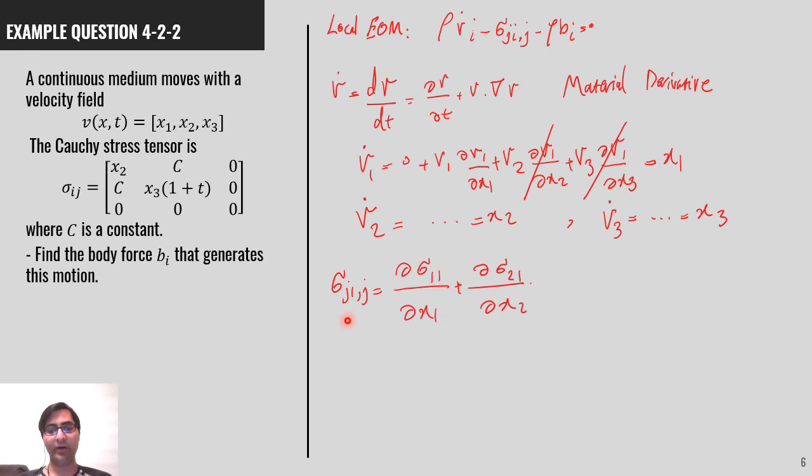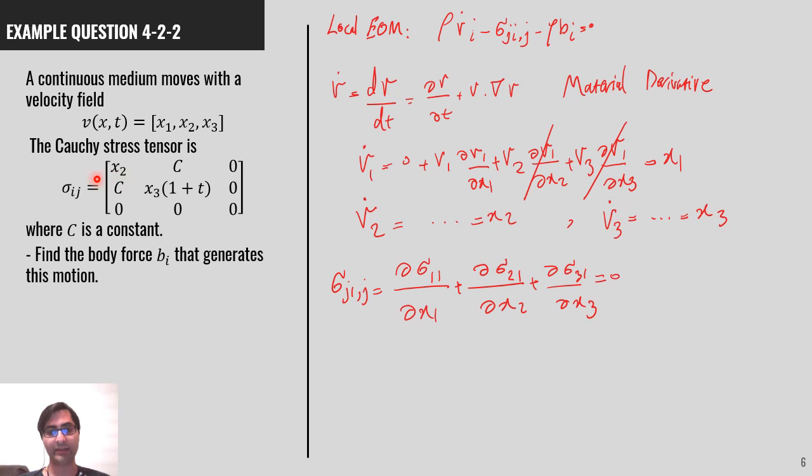Now let's calculate the divergence. For i equal to 1, sigma j1 comma j becomes partial sigma 1 1 partial x1 plus partial sigma 2 1 partial x2 plus partial sigma 3 1 partial x3.